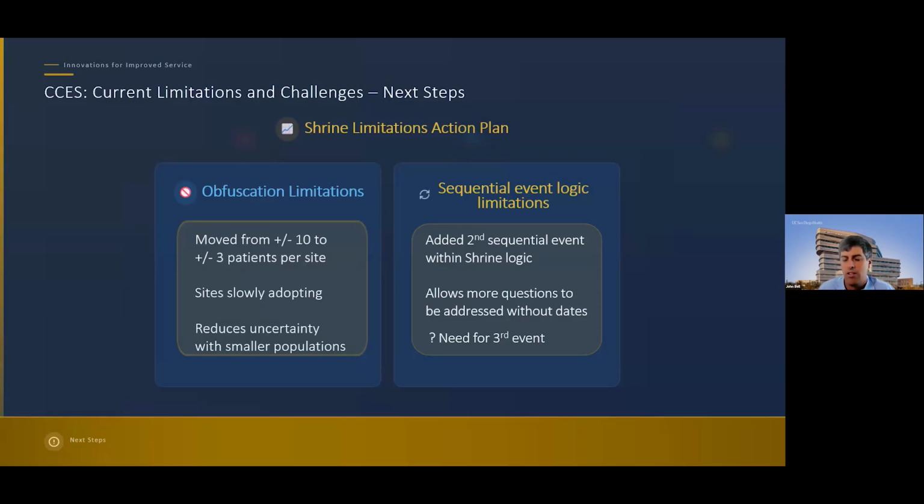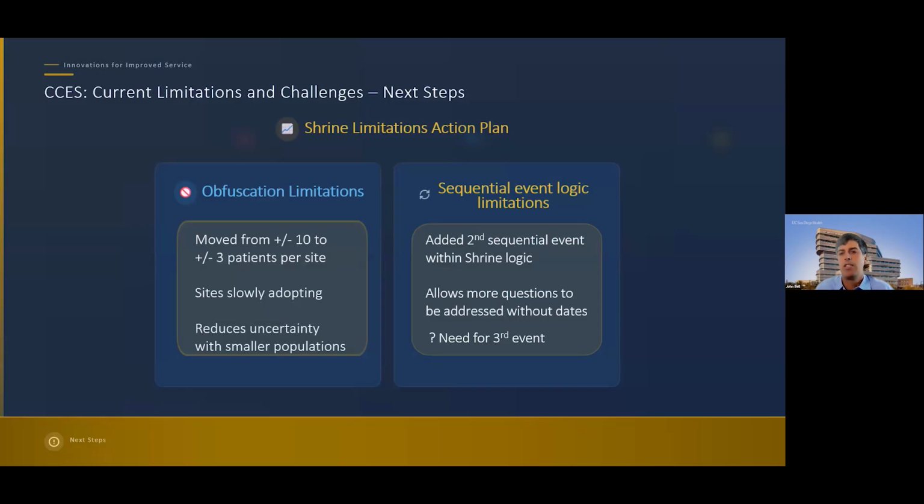So if we go into Shrine now and run a query, you'll be able to see which sites have already adopted this new obfuscation limit versus which ones are still on the old limits. And as more and more sites adopt the new obfuscation limit of ±3, that will definitely help reduce uncertainty with smaller populations.